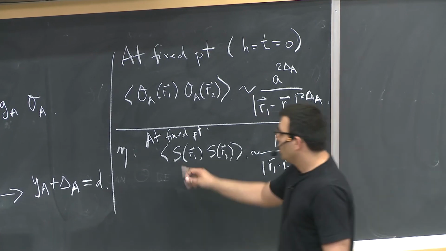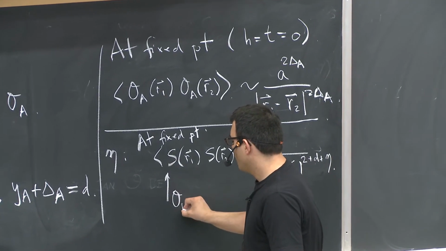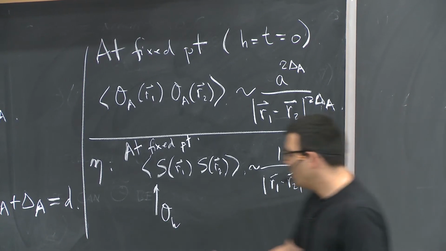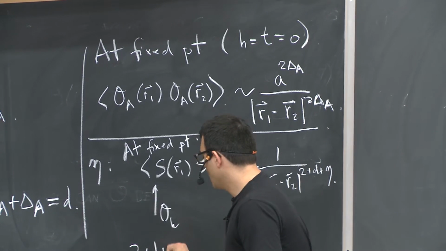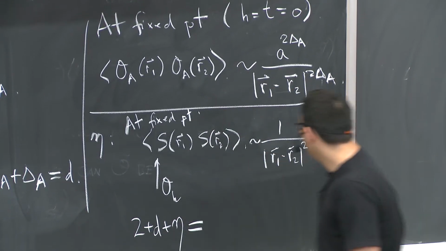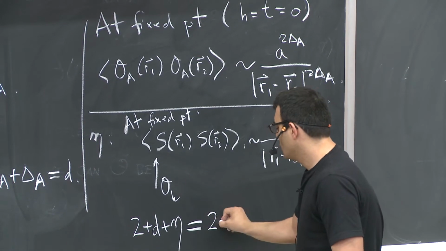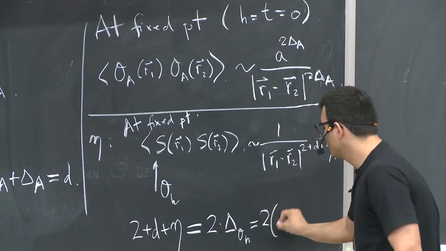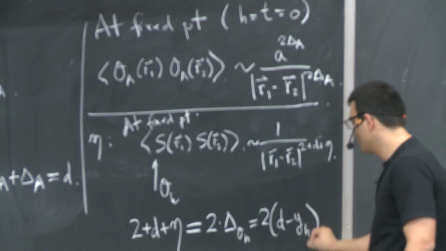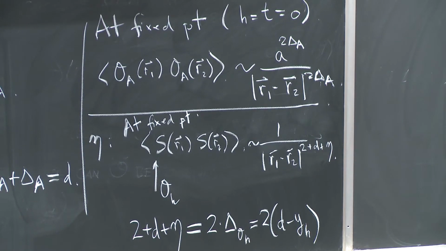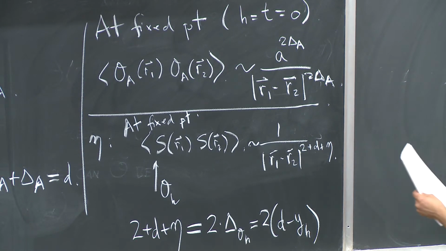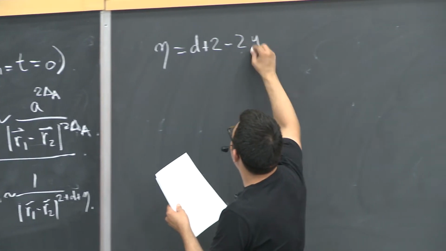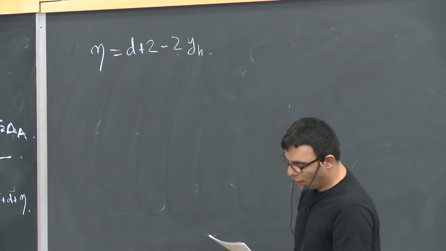So this S is O sub H. That means that 2 plus d plus eta is equal to 2 times delta O sub h, and that's 2 times (d minus y sub h). And this implies that eta is d plus 2 minus 2 y_h. So that one was easy.